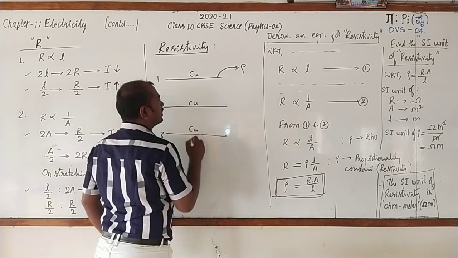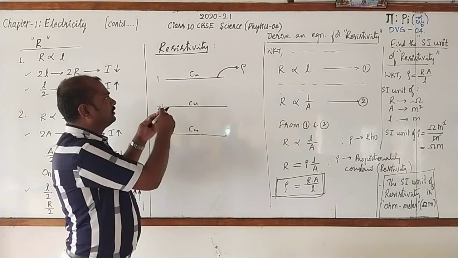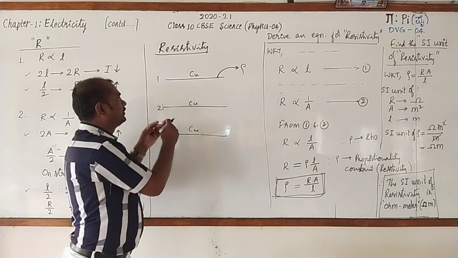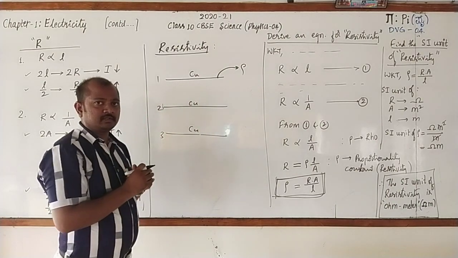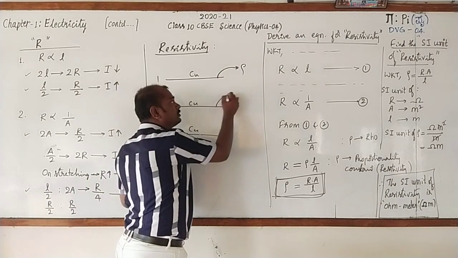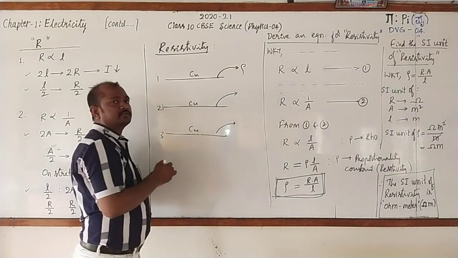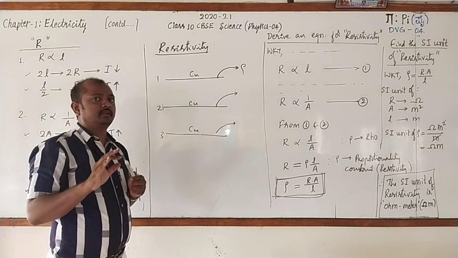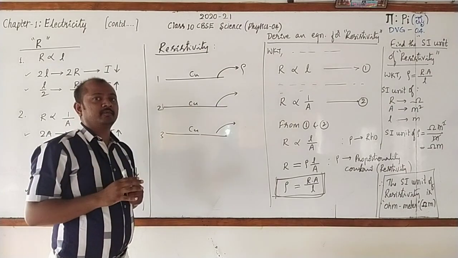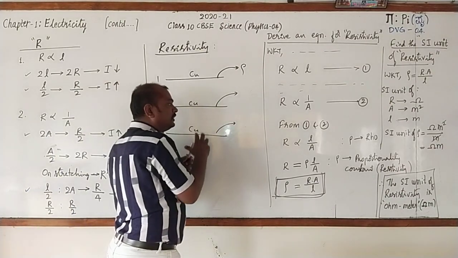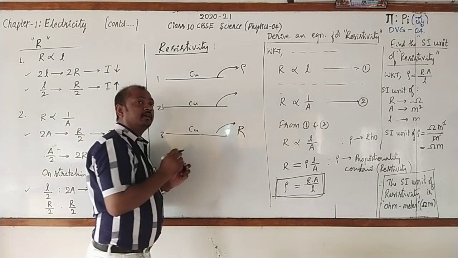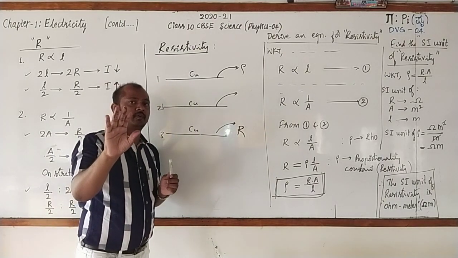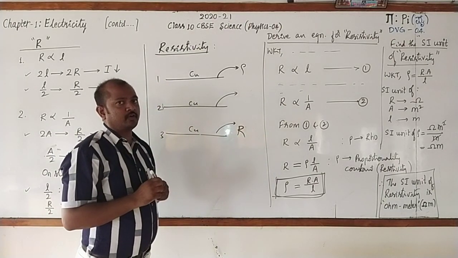All these are copper only, and I have taken the same length and the same thickness. Then what do you say about the resisting power of these three? Will it be the same or different? It will be the same, right? That is nothing but resistance, the opposition offered to the flow of electrons.